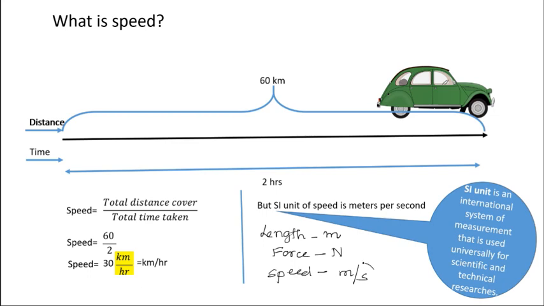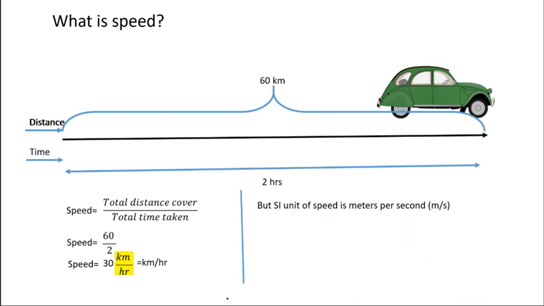Since the SI unit of speed is meter per second, sometimes you may get a question, convert this kilometer per hour into meter per second. And we know that 60 km, if you convert into meters, you have to multiply by 1000, because 1000 meter is equal to 1 kilometer. So these many meters is equal to 60 kilometers.